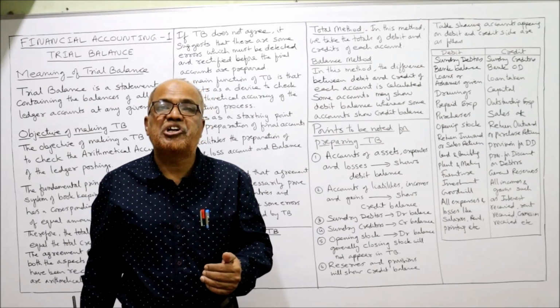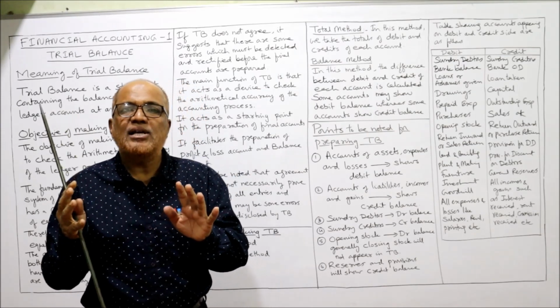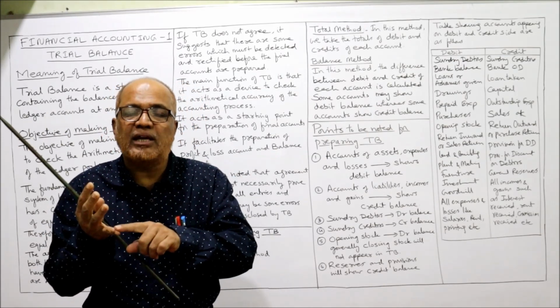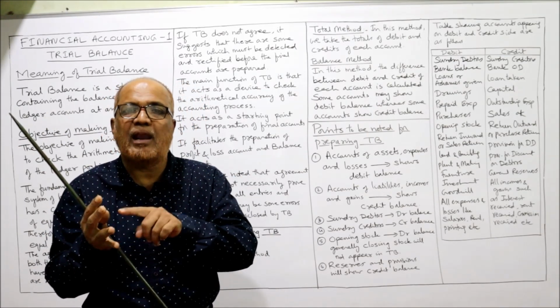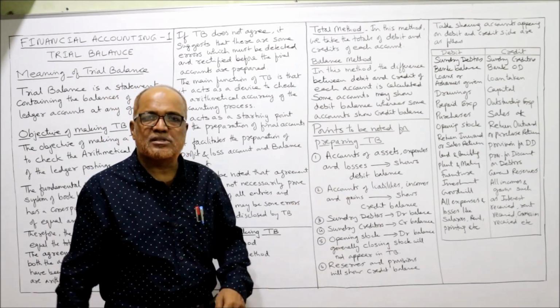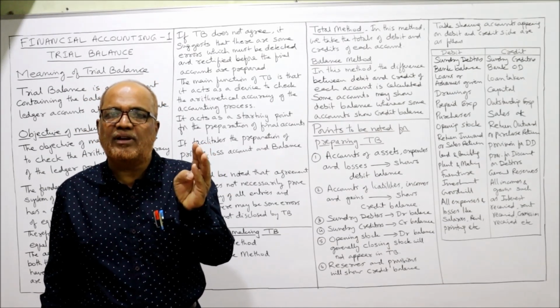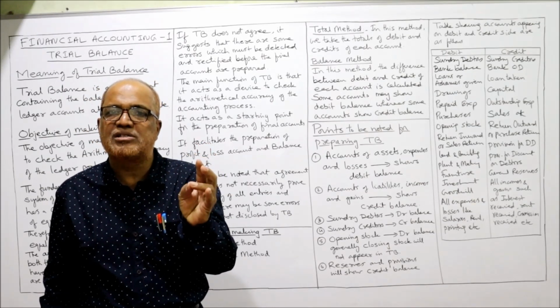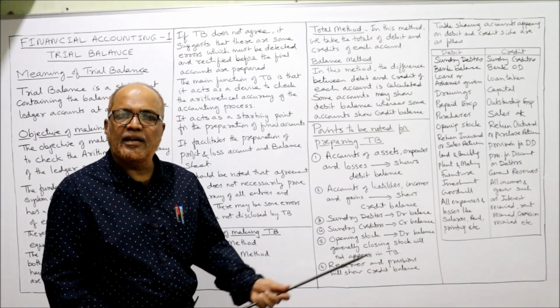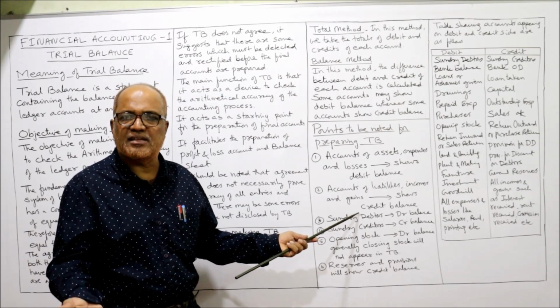They are called creditors. It's a liability. So all the liabilities will show credit balance. Loan taken, creditors, bills payable, outstanding expenses, these will show credit balance. Secondly, incomes. Any income like dividend received, interest received, rent received, commission received, these are all incomes, credit balance. Gains, incomes and gains mean one and the same.